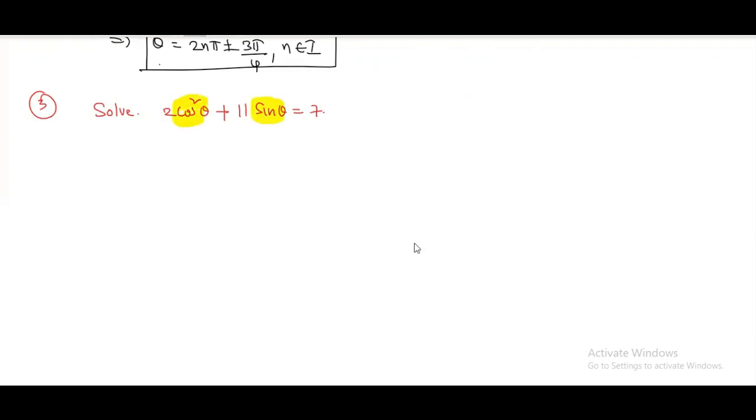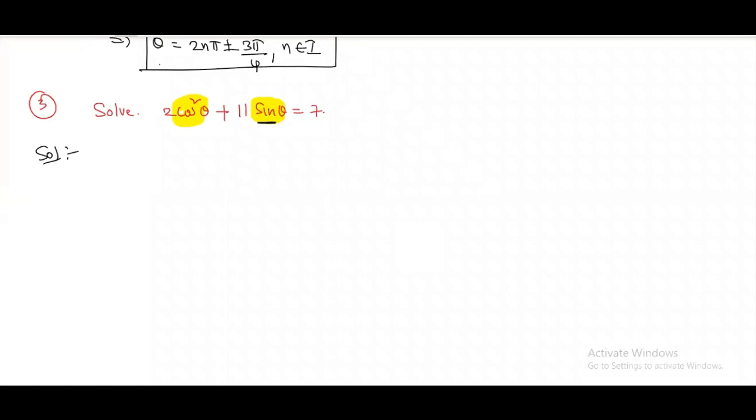One is sin theta, one is cos theta. Whenever you see these kinds of questions, first you have to change all the trigonometric ratios into the same trigonometric ratio. So what is the chance of changing here? If you see the solution, if I try to change sin theta in terms of cos, I will get it in terms of root.